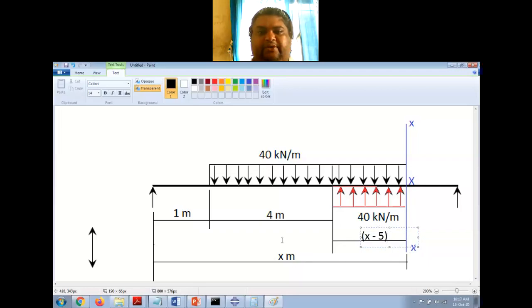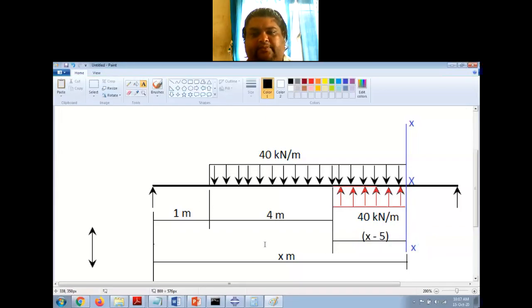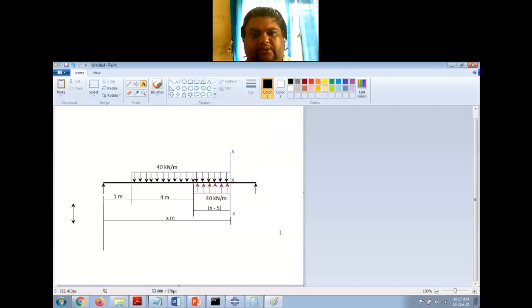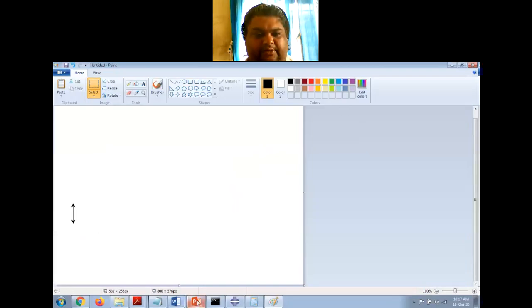This is x minus 5, and this will be x minus 1 at this point, and this will be x. So with this, let me just take this diagram to my word, and we will calculate.